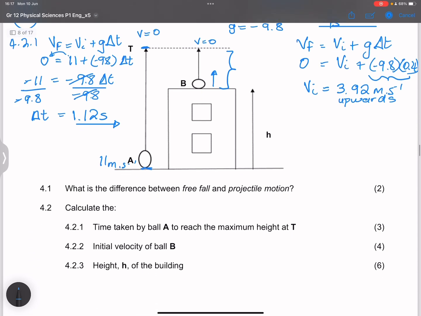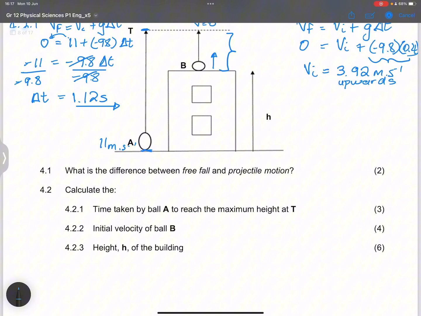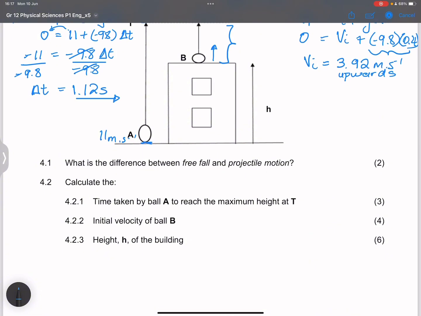Right, so finally they said calculate the height of the building.